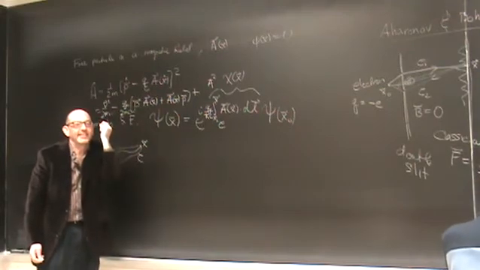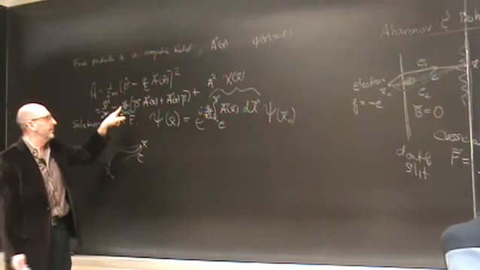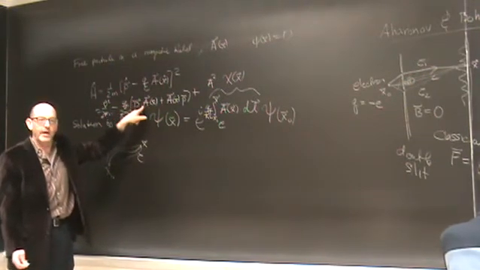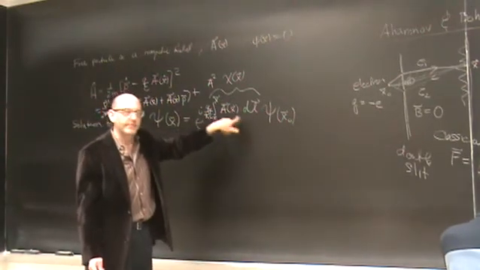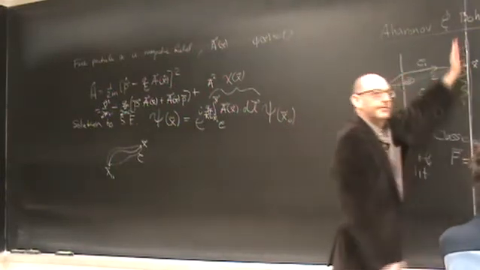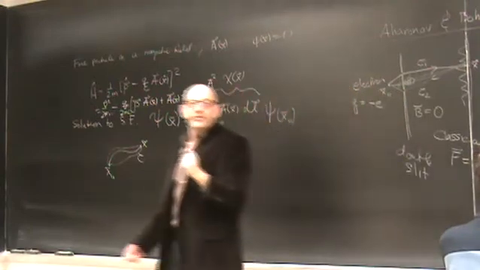There's a local interaction right here between the electron and the electromagnetic field, and it is through that that we get this phase, and through that that we get this observable phase shift.